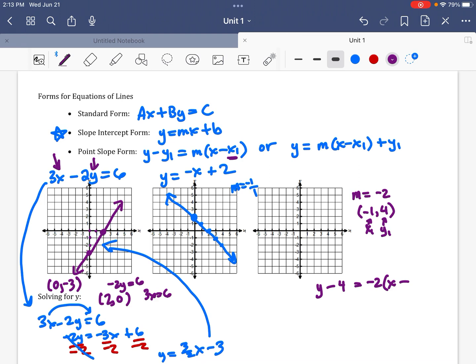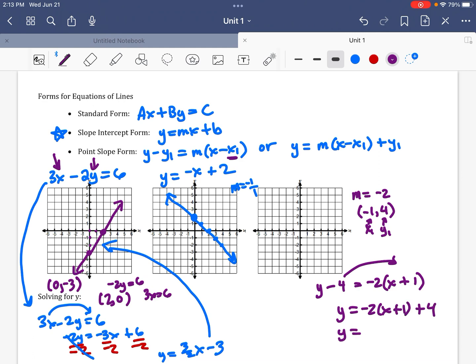You see how I'm filling this in. If I put minus a negative 1, 2 minuses really change into a plus 1. And if you wanted to, you could move the 4 to the other side, the negative 4. Move that over, it becomes positive 4. So negative 2 times (x plus 1), plus 4.